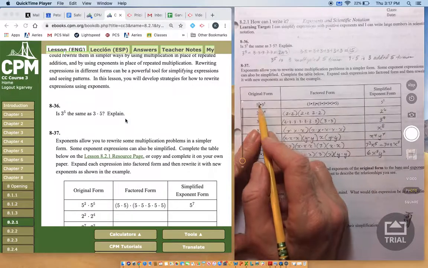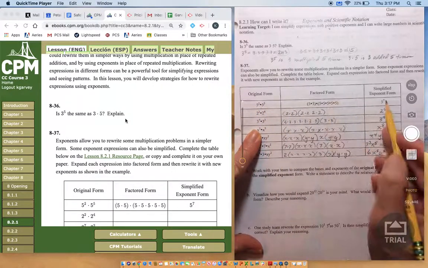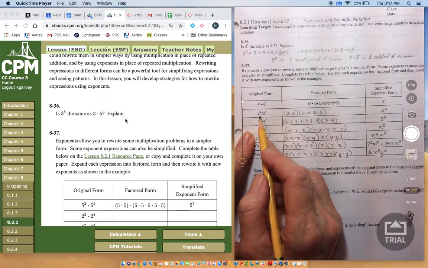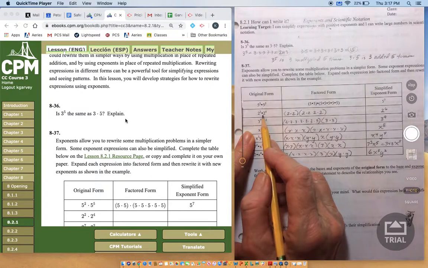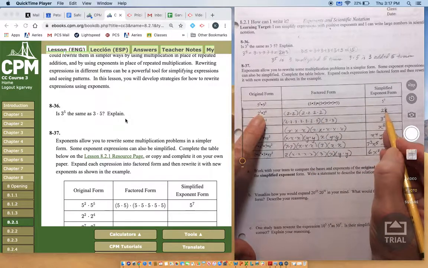So 5 to the 2nd power and 5 to the 5th power, we add 2 and 5, and that becomes 5 to the 7th power. And down here, 2 to the 2nd power times 2 to the 4th power, it turns out that 2 and 4 are equal to 6.